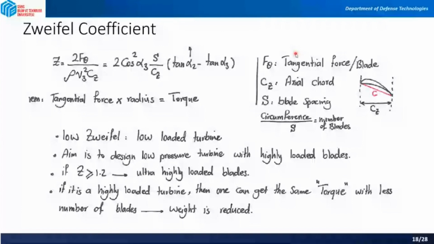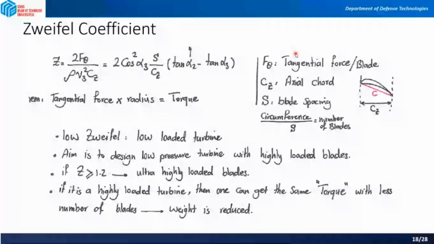So it will create a moment, and this moment is your torque actually. So when you have a low Zweifel number, you have a low loaded turbine, because if it is low, it means that your F theta is low. So when the tangential force is low, then the torque is low. So the turbine is loaded in a low condition.